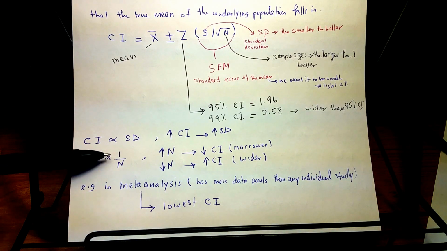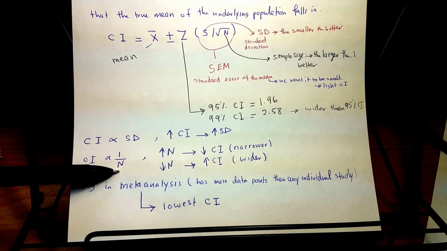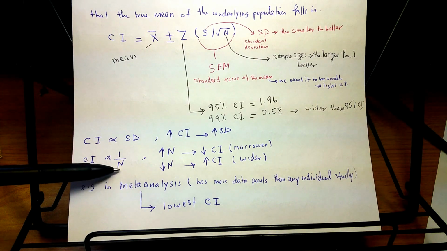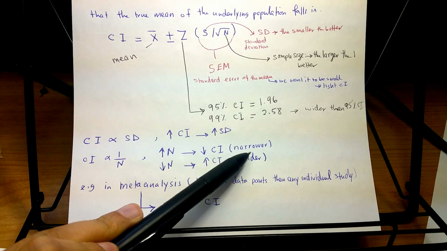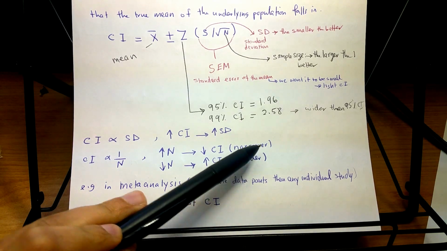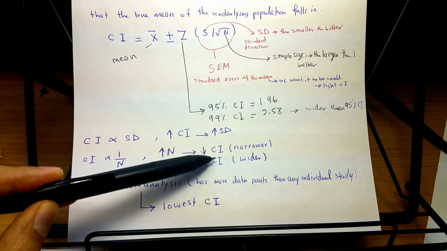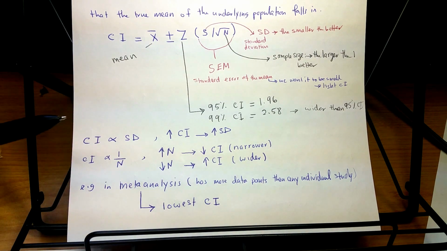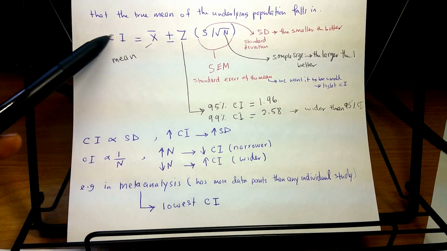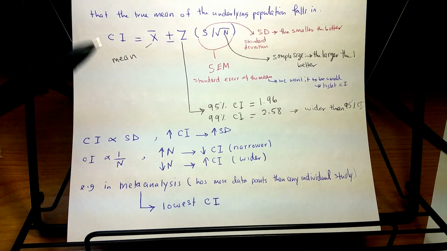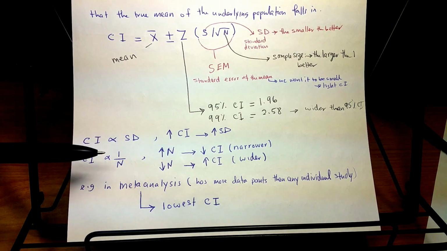The confidence interval is inversely related to the sample size. If you have a large sample size, the confidence interval would be narrower, while if we have a low sample size, the confidence interval will be wider. We can get all these relations from the equation, and it's important to know them.